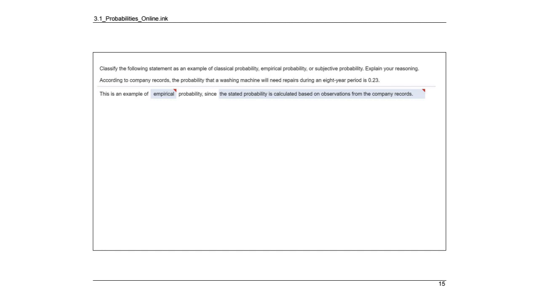Since it says according to company records, that means it's going to be empirical because that's based on what they've observed over time. And so the stated probability is calculated based on observations from the company records. I always want to make this subjective, but it's really not. They have data from all that time that they can make an estimate.